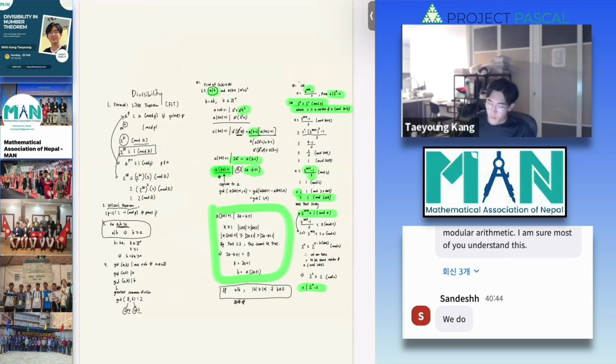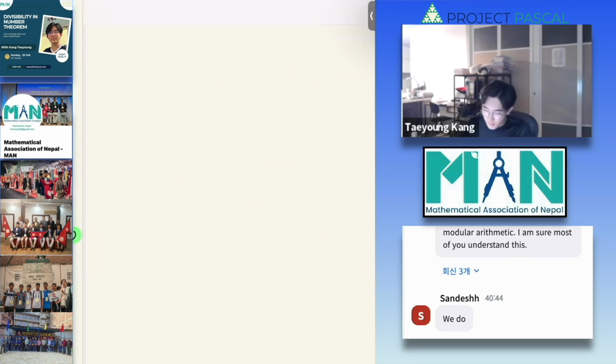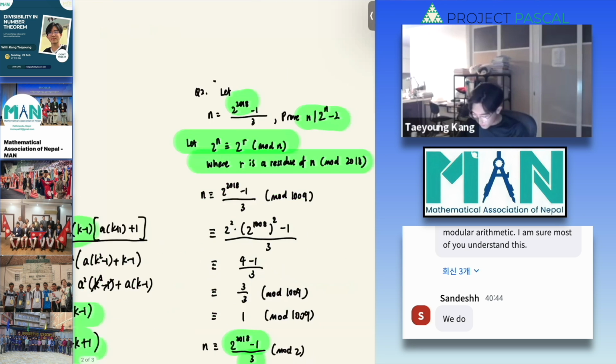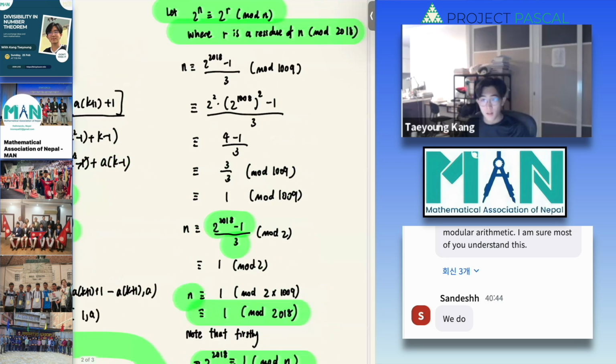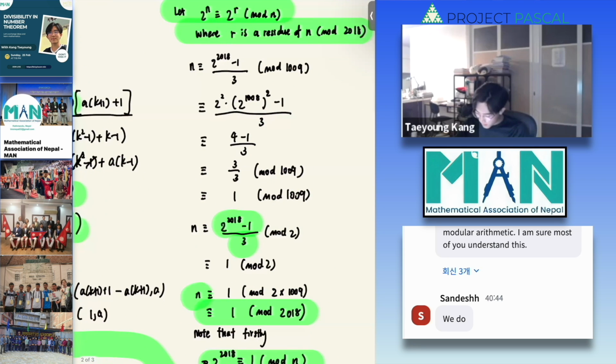Okay, maybe I will try to re-explain it. So firstly, you guys agree that n is congruent to 1 mod 2018, right? Do you understand the Fermat's little theorem proof, this part and this part, correct?